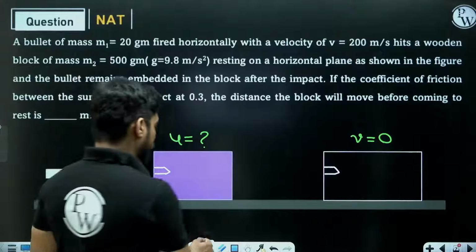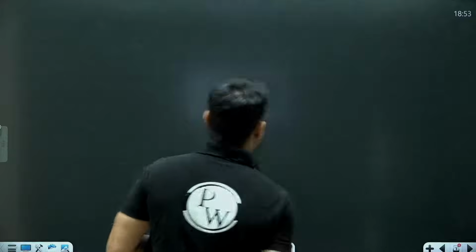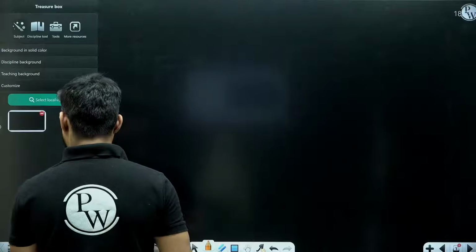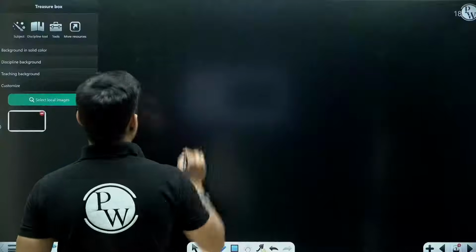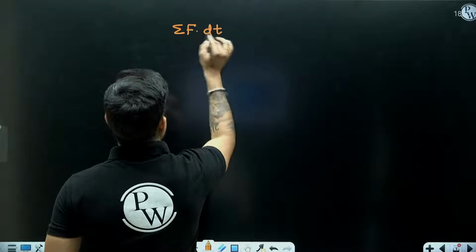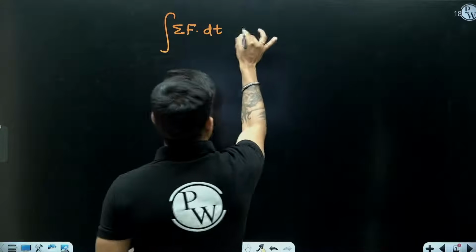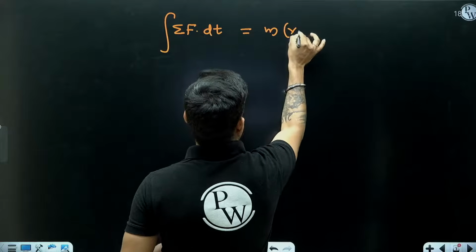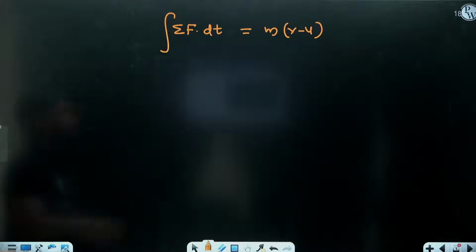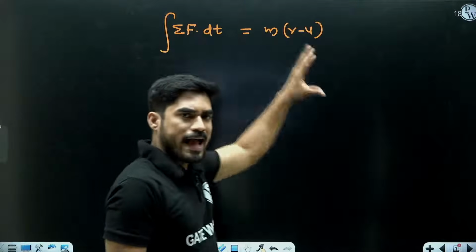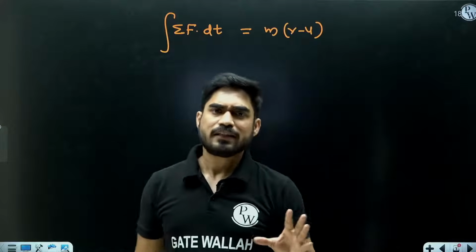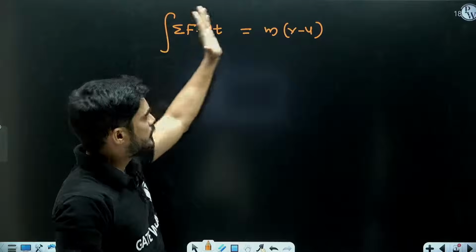We know that the impulse given to a body, summation of F into dt, changes the momentum, right? If there is an external force acting on the body for a very short period of time, then the impulse of that force will change the momentum.